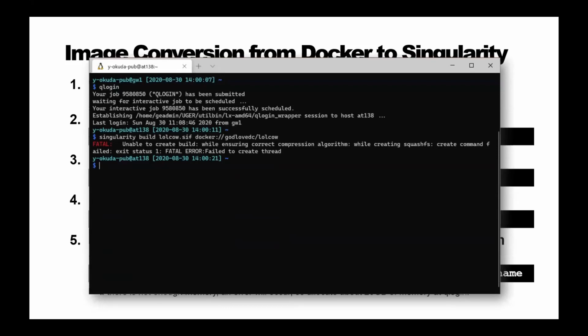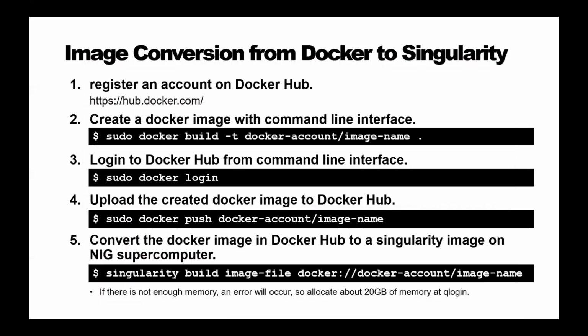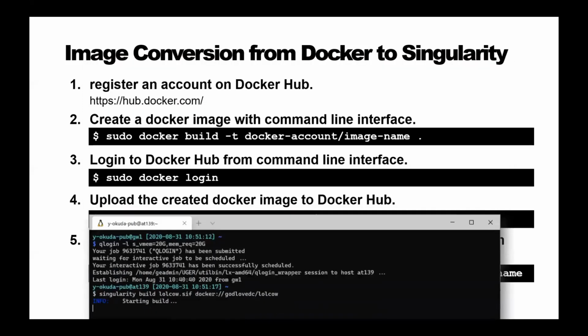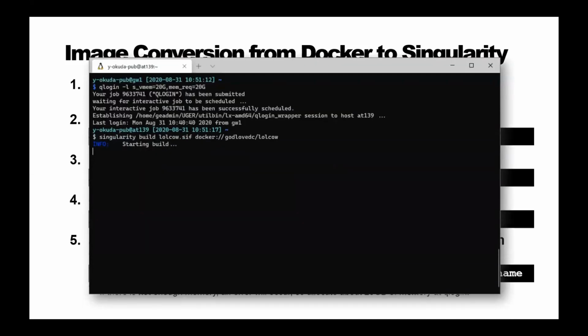At this time, the qlogin command allocates only 4 GB of memory by default, which causes an error. Allocate 20 GB of memory with the -l option of qlogin and execute the singularity build command.